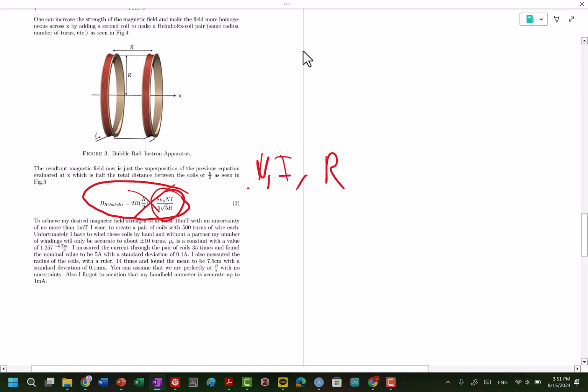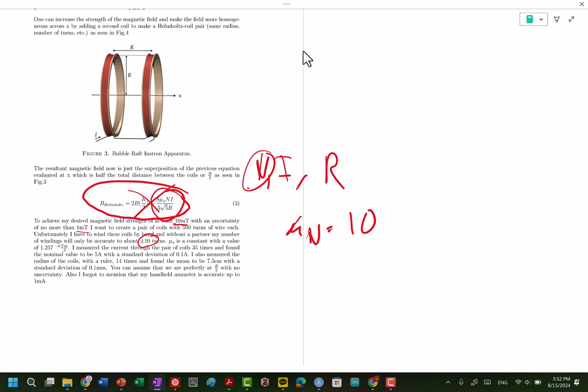So what are some uncertainties we can have? I need 10 millitesla strength, no more than a millitesla uncertainty, 500 turns of wire. So there's uncertainty in the number of turns, plus or minus 10. So we have some uncertainty in N, and that's going to be equal to 10. Constant with this value times 10 to the minus 6.